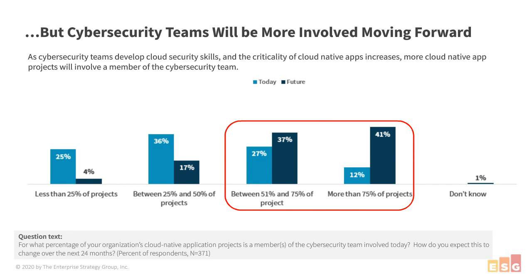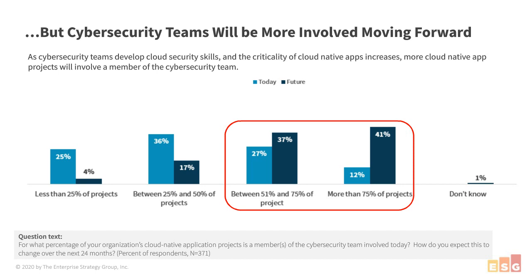So another question we asked was, what percentage of your cloud native apps will be secured with the involvement of a member of your cyber team? And again, this is a glass half full, glass half empty sort of slide. On the one hand, I can say, geez, only 12% of organizations said that more than 3/4 of their projects are being secured with the involvement of a member of the cyber team.